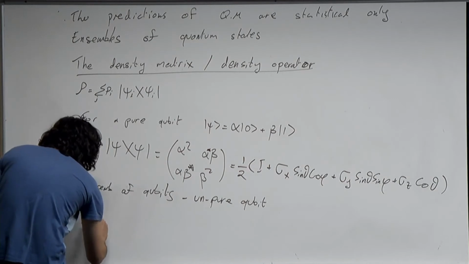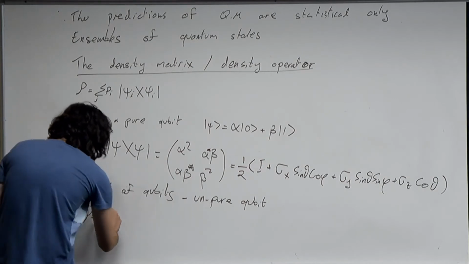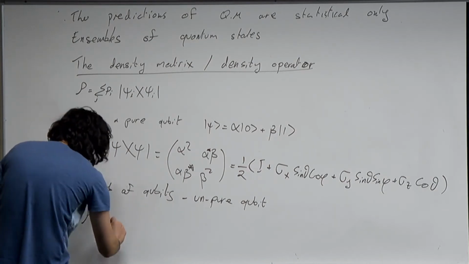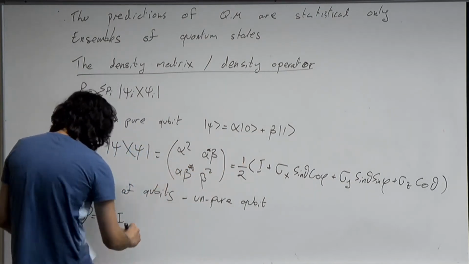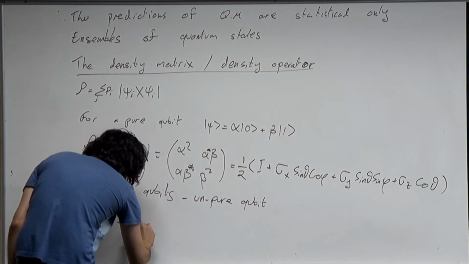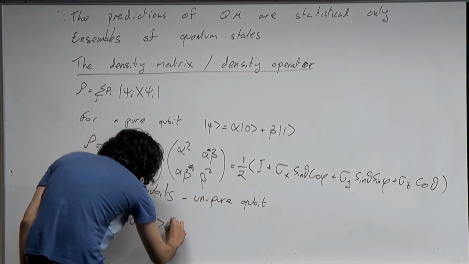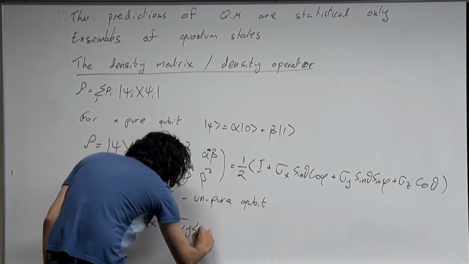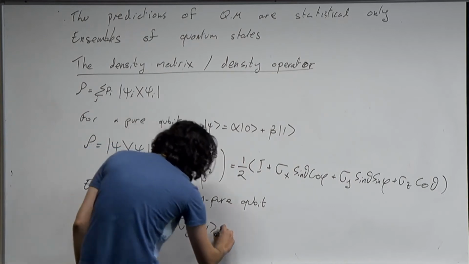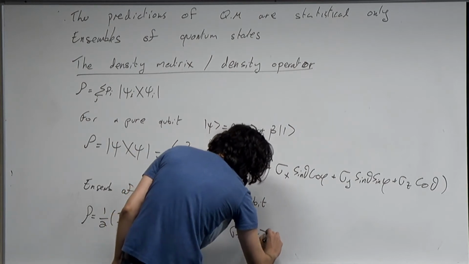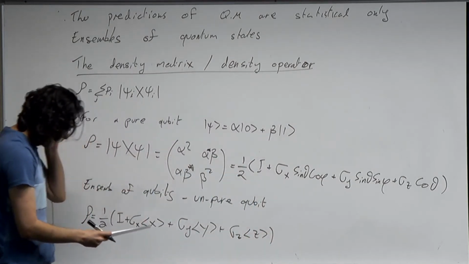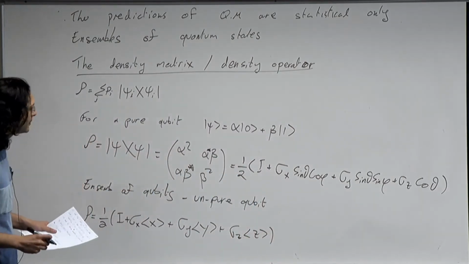Then the density matrix can be written like this: one half of I, where I is the identity, plus sigma x times the average of x, plus sigma y times the average of y, plus sigma z times the average of z.